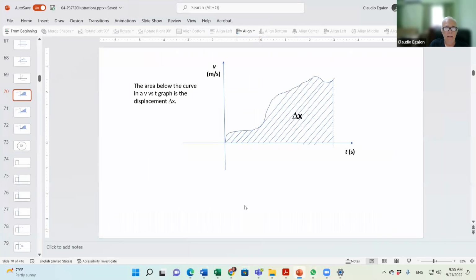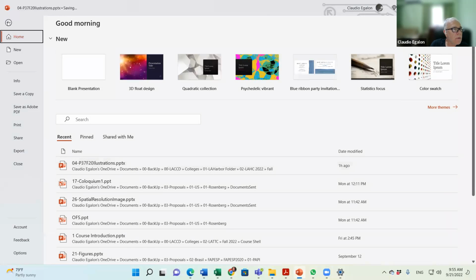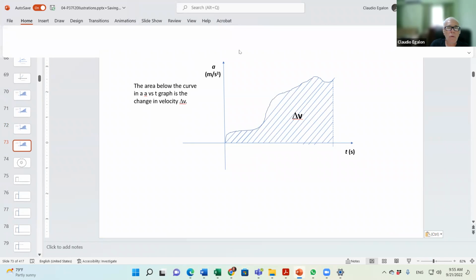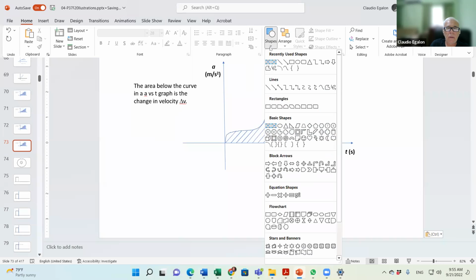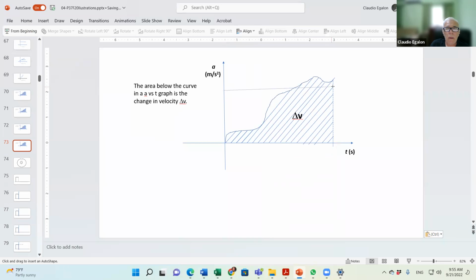And how do we illustrate that? We illustrate that in this way. Acceleration on the y-axis, t on the x-axis. You have this fancy type of curve of acceleration, and the area under this curve is going to be delta v. Okay, and this also holds for the special case in which the acceleration is constant, which we have studied, right?